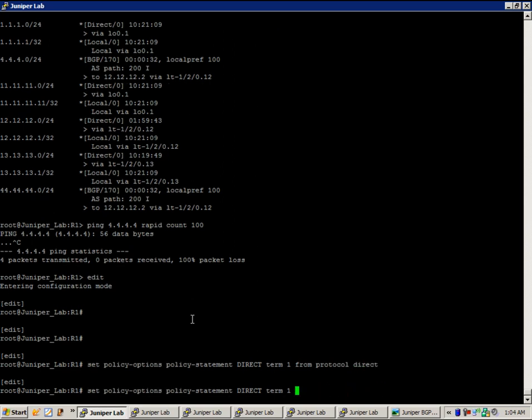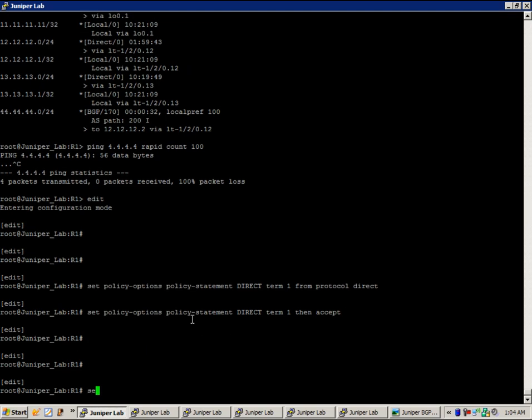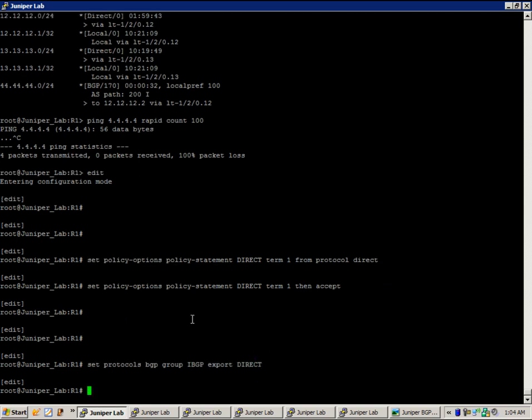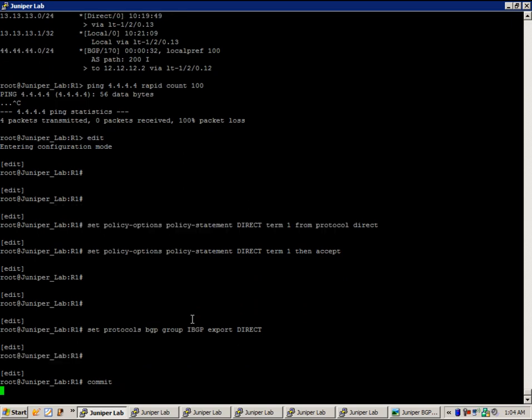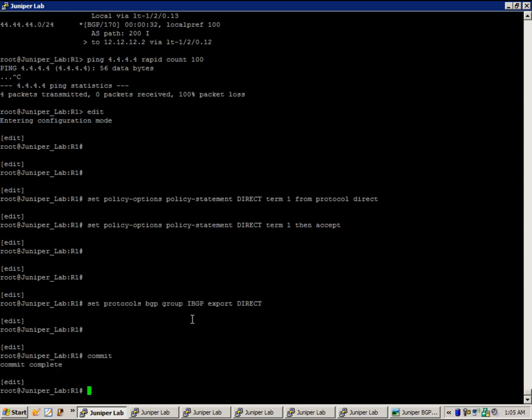So we're going to match all direct, then we're going to do an accept. We will then go under set protocols BGP group iBGP export, and then we're going to export the routing policy, which is direct. So what this is going to do is advertise our directly connected interfaces into iBGP on R1. That's why we don't have reachability.